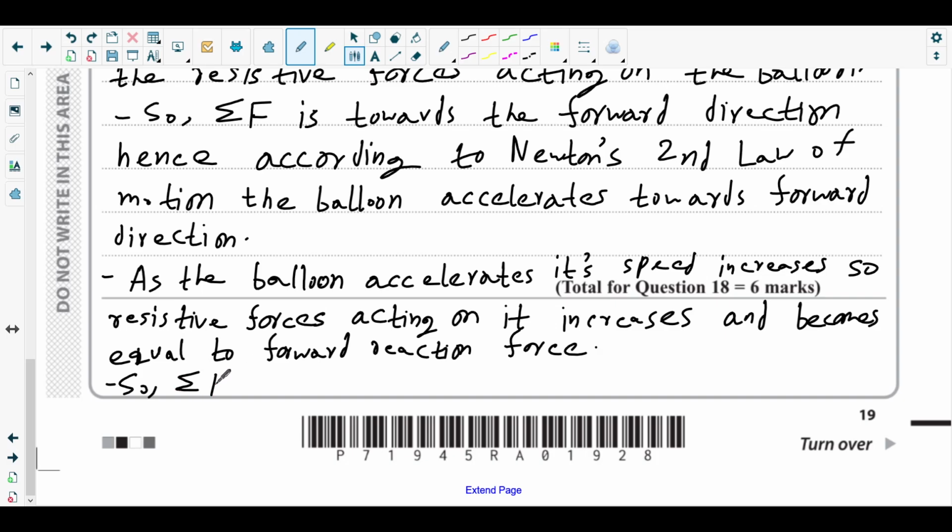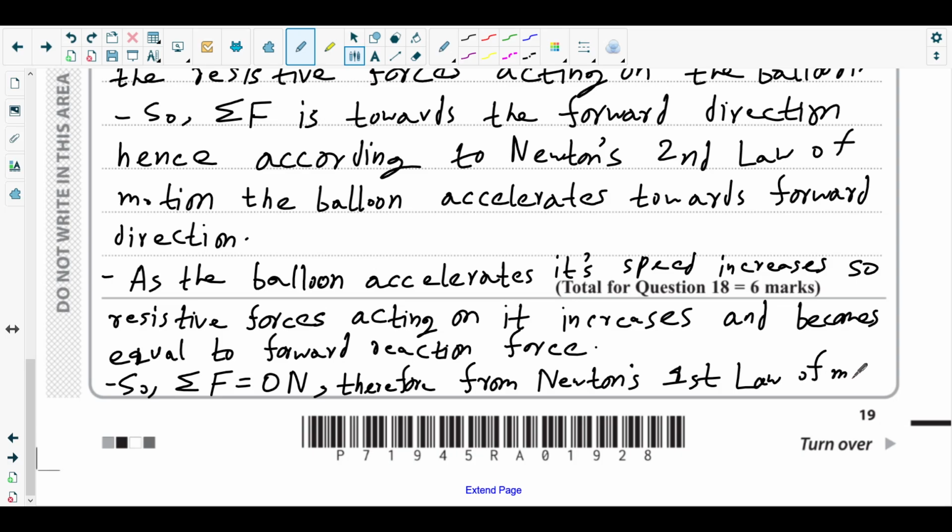So the resultant force acting on the balloon becomes 0 Newton. Therefore, from Newton's first law of motion, what we can say?